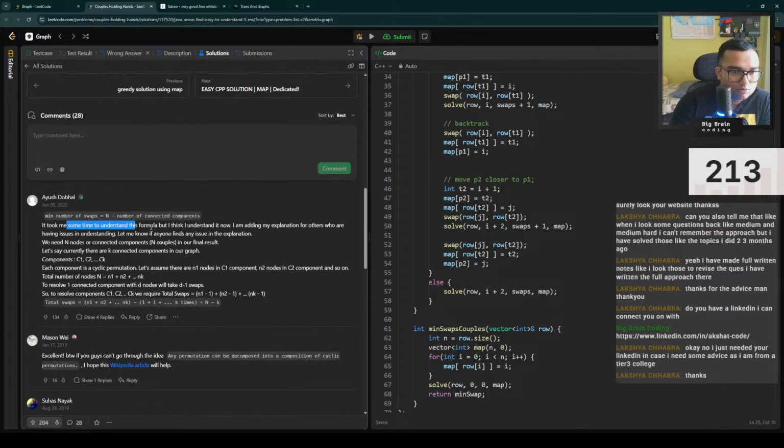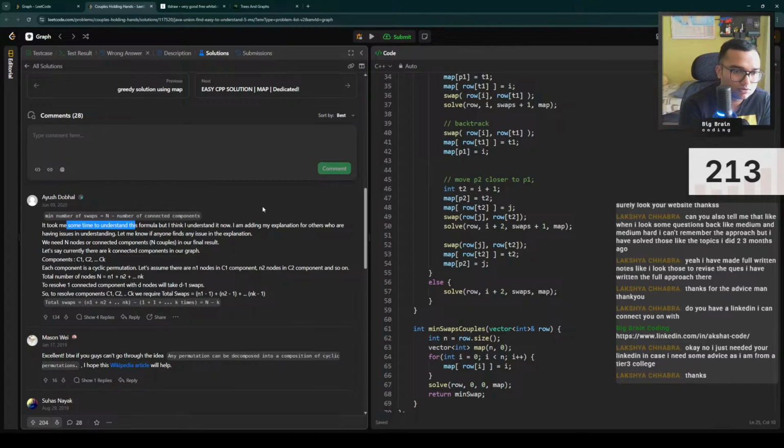It took me some time to understand, but I think I understand it now. I am adding my explanation for others who are having issues understanding. We need n nodes or connected components, n couples in our final result. Let's say currently there are k connected components. Each component is a cyclic permutation. Let's assume there are n1 nodes in C1 component and n2 nodes in C2 component, and so on.